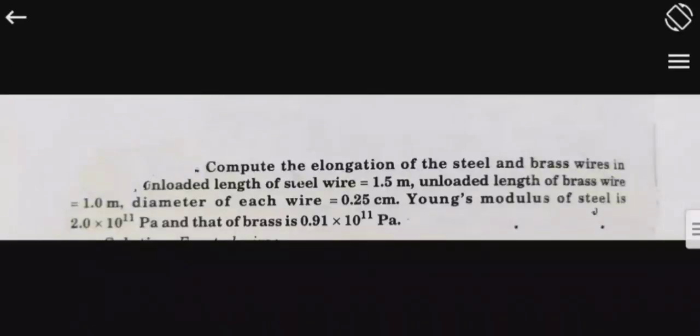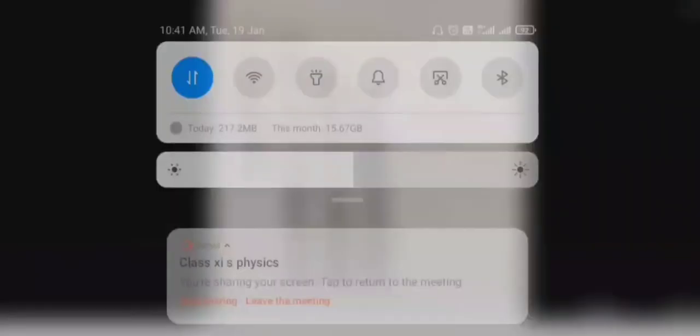The unloaded length of the steel wire is 1.5 meter. The unloaded length of the brass wire is 1 meter. The diameter of each wire is 0.25 centimeter.